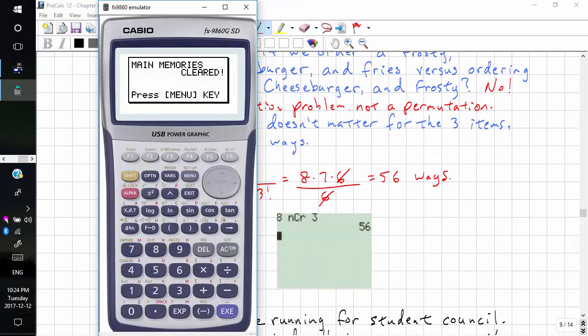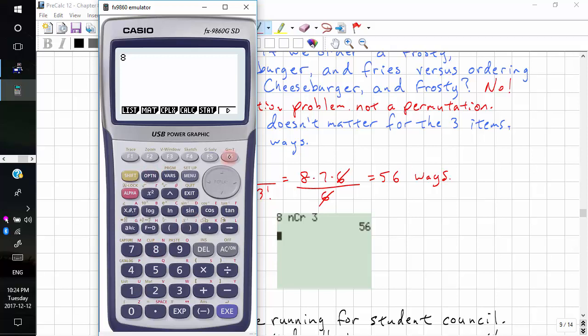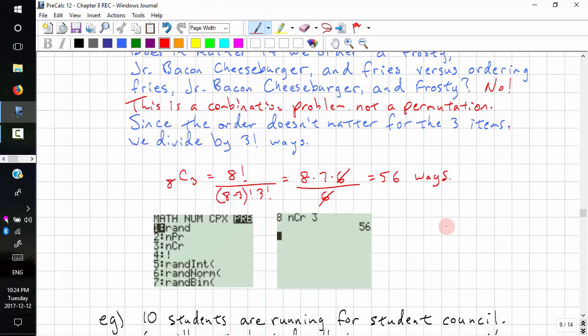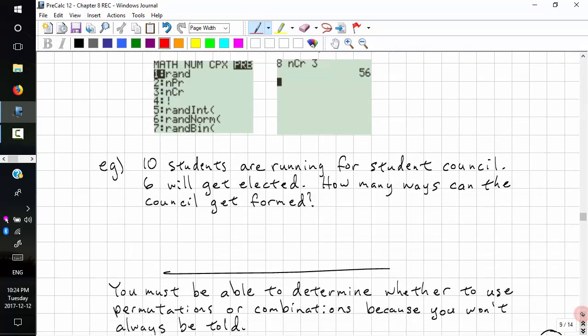And on the Casio, menu 1, 8, option, F6, F3 for probability, F3 for combination, and 3. And we get 56. Okay, so the more of these problems you interpret, the easier it gets to do them on a test.